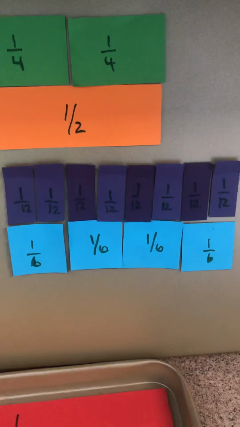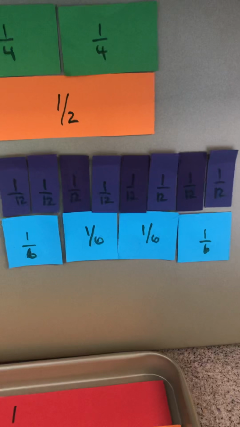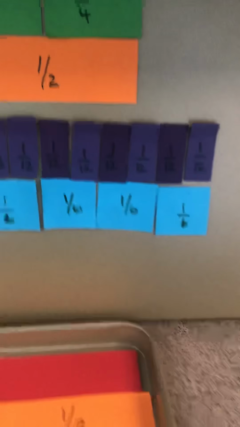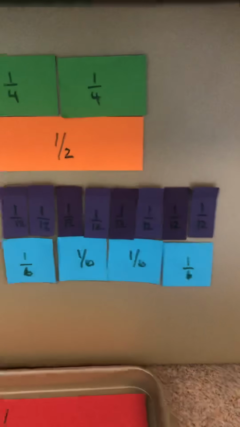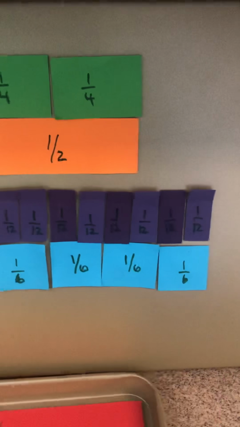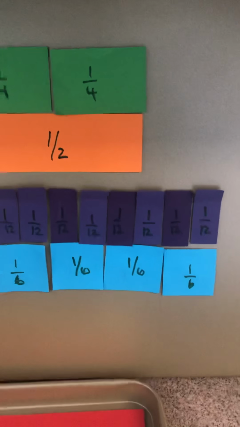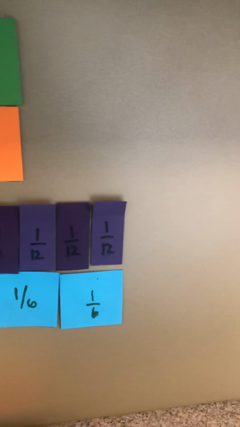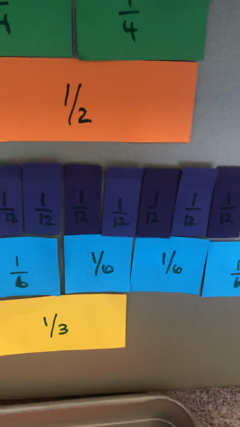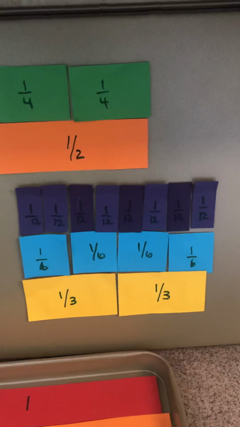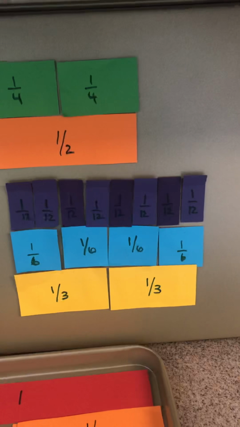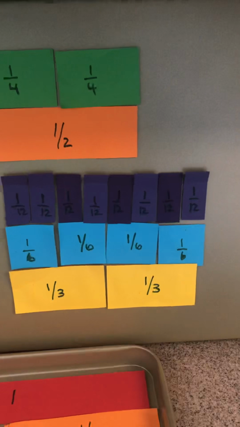So they're able to simplify 8/12 into 4/6. However, that is not the most simple solution. So they may notice that 1/3 is equivalent to 2/6, and another 1/3 is equivalent to 2/6. So therefore, the 8/12 is equivalent or simplified to 2/3.